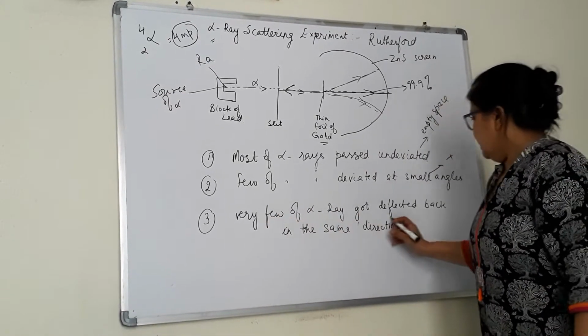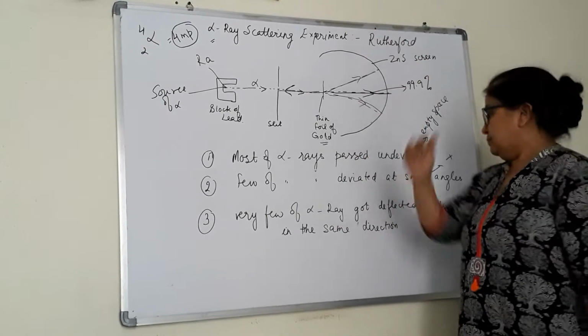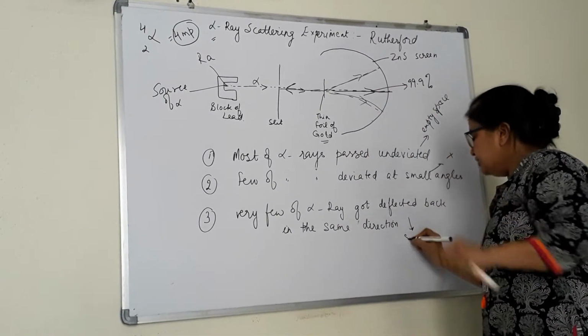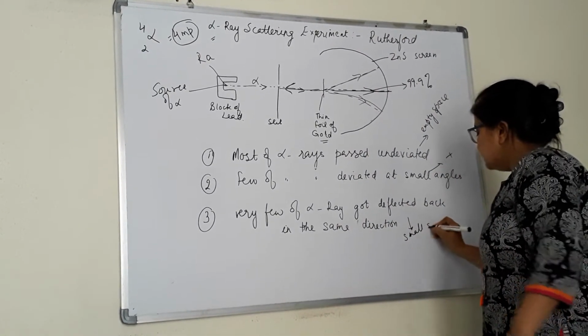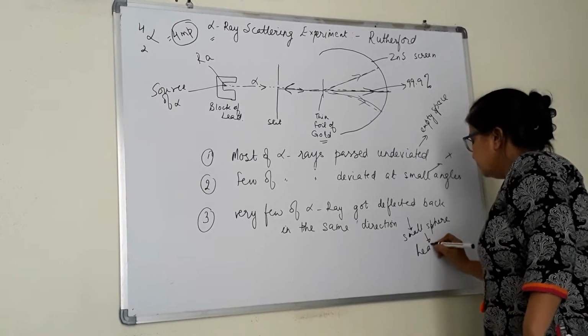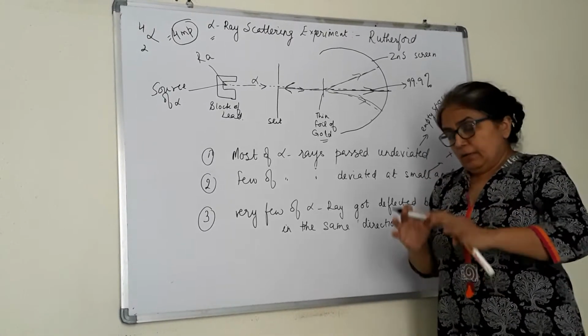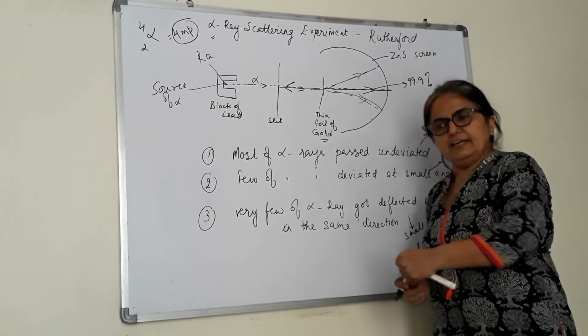Very few of them got deflected back in the same direction. They came back. That means that small sphere must be quite heavy. Must be some heavy thing present in the atom on which the alpha particles are hitting and coming back.